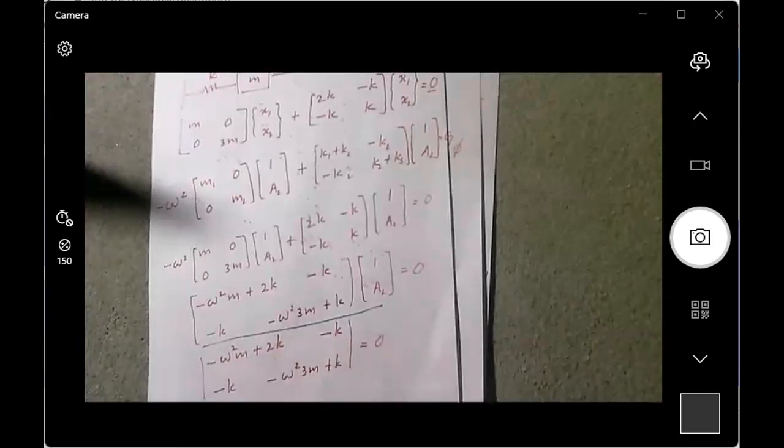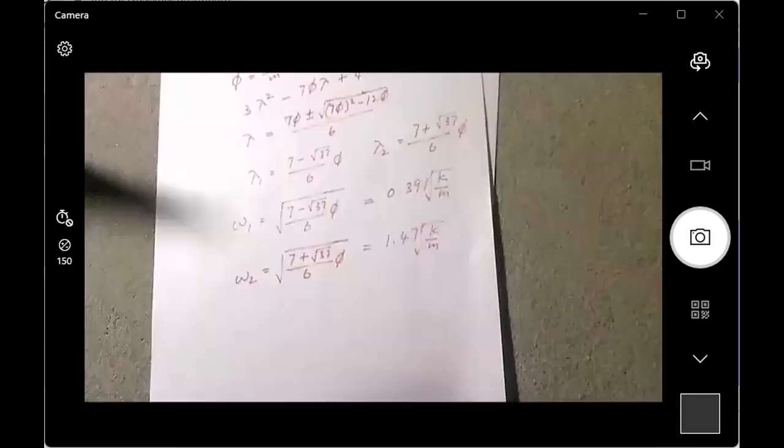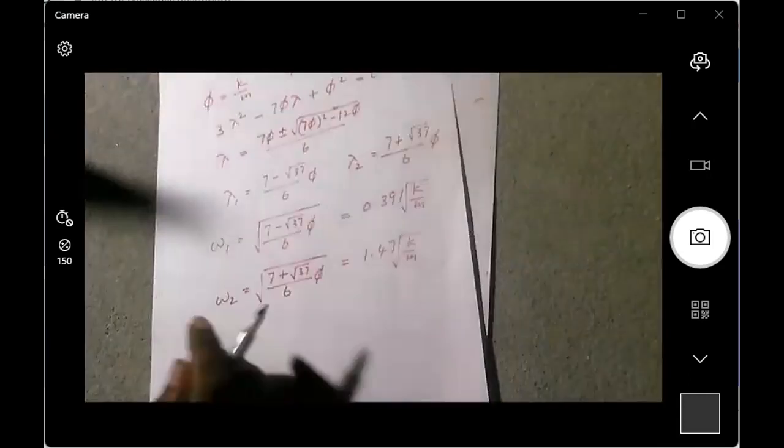So you see that there are two A2 values relative to the two frequencies. So the first one will come from omega 1.